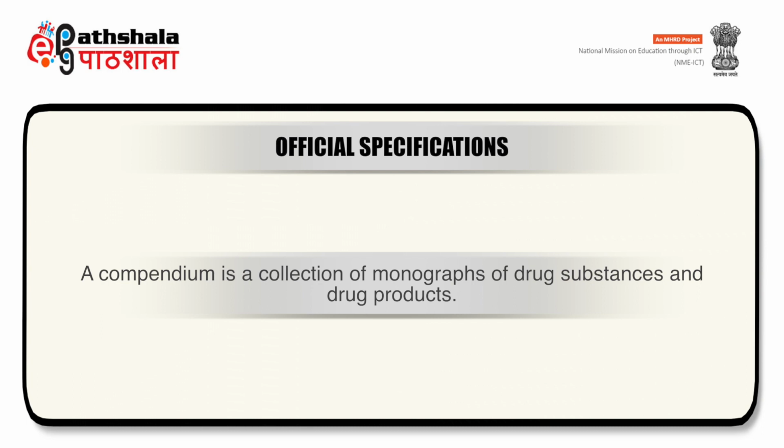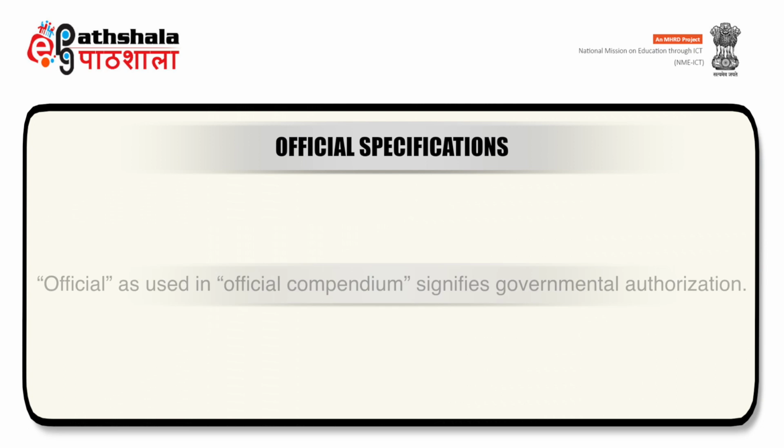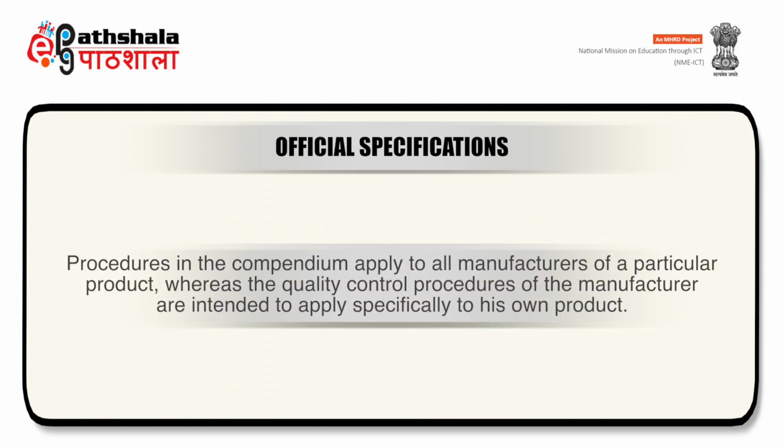A compendium is a collection of monographs of drug substance and drug products. Official, as used in official compendium, signifies governmental authorization. Procedures in the compendium apply to all manufacturers of a particular product, whereas the quality control procedures of a manufacturer are intended to apply specifically to his own product.